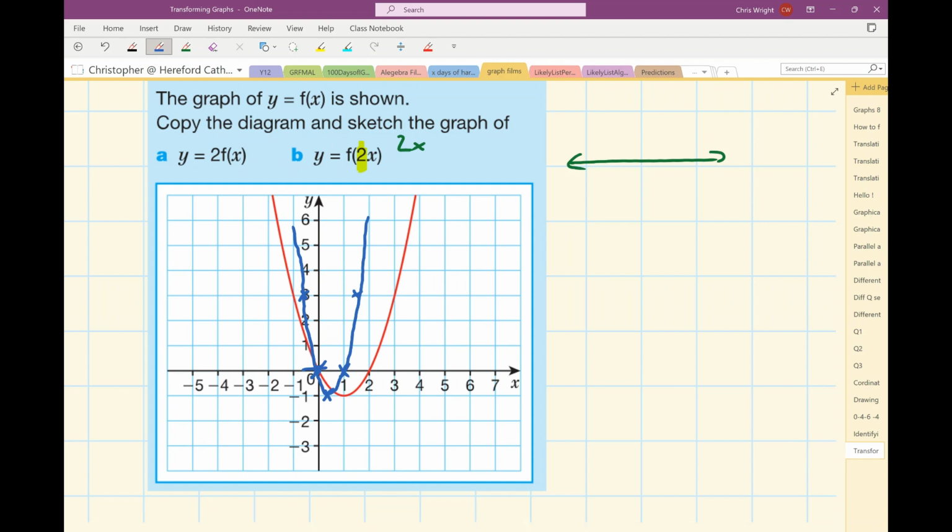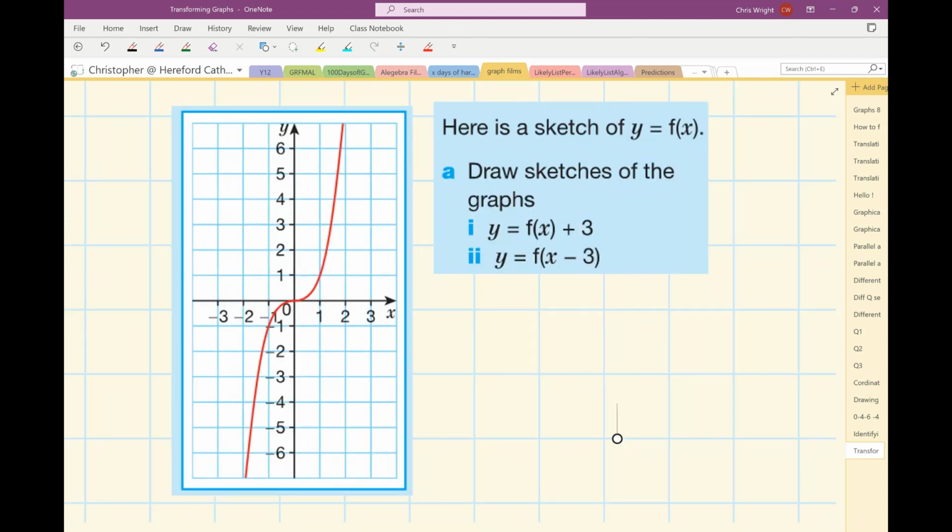Now let's look at the second question. Okay, now in part 1, this change is outside of the bracket. So it's going to be a vertical change, and it's going to be in the direction you'd expect. It's a change to the y coordinates in the direction you'd expect. And look at that, it's +3. So my graph is going to be translated by 3 units. Every point is going to move 3 units up. This one has a y-coordinate of 1.